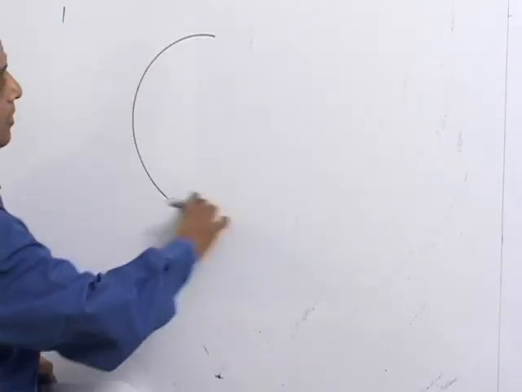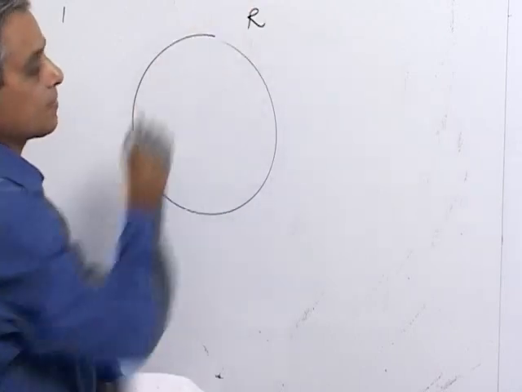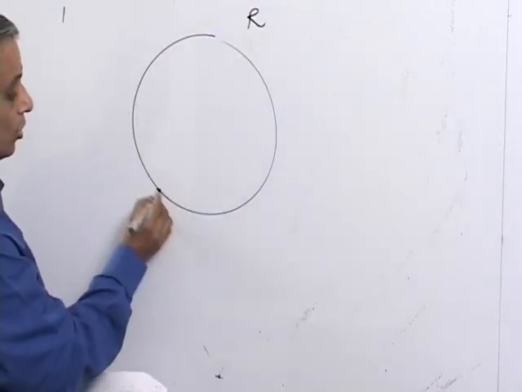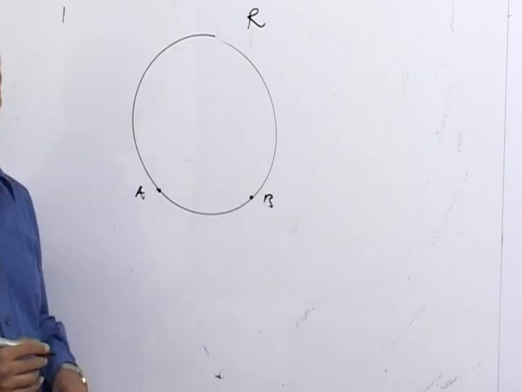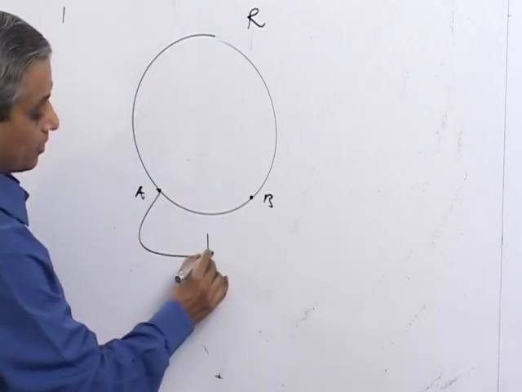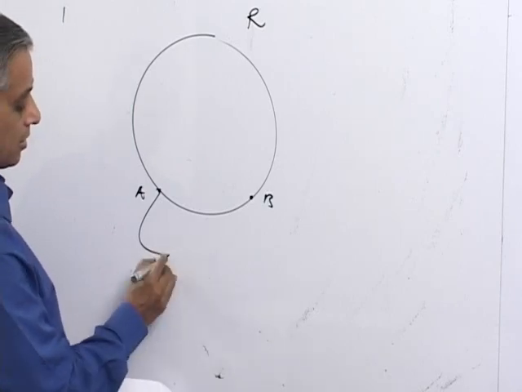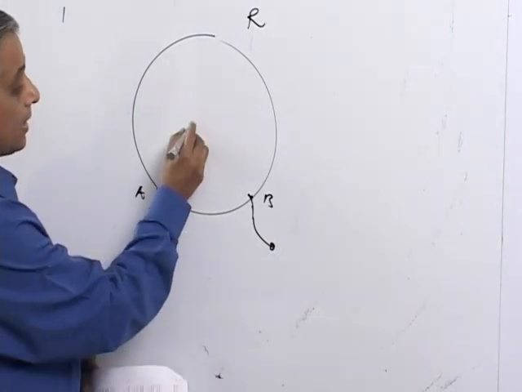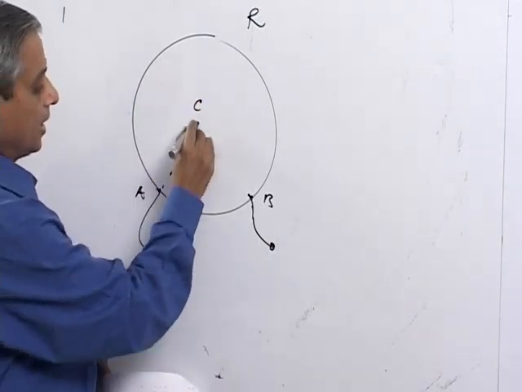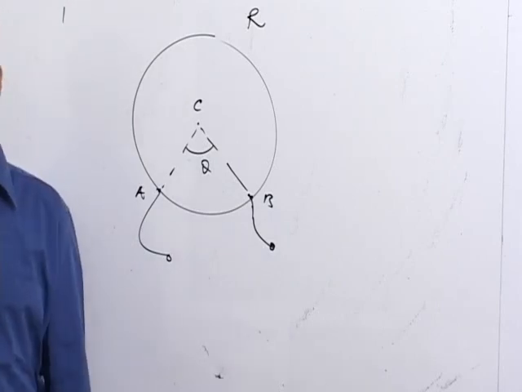So we have a circular wire of total resistance R, and then on its circumference we have 2 points A and B, like this, and these are, let's say, terminals, and the center is C, and they are giving that this angle is theta.